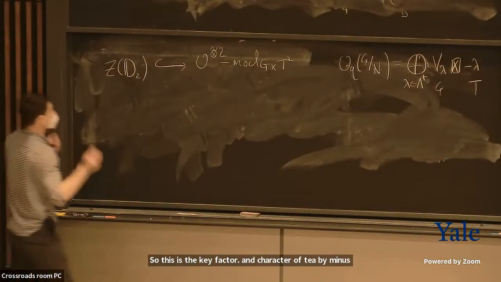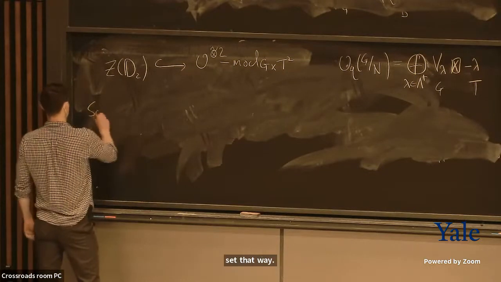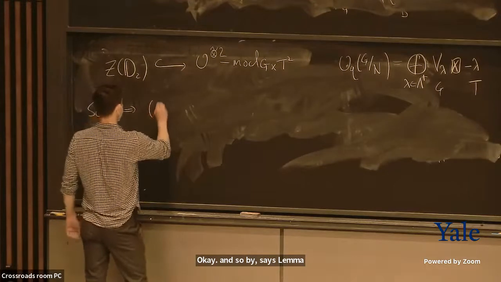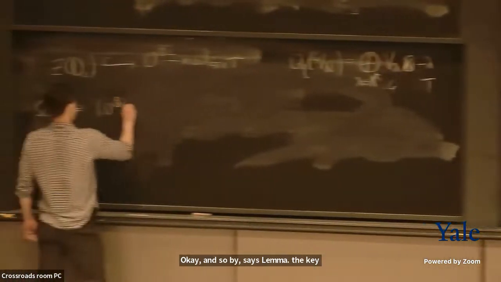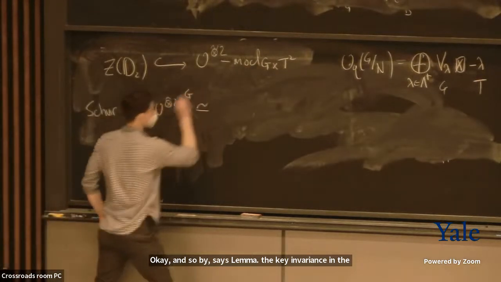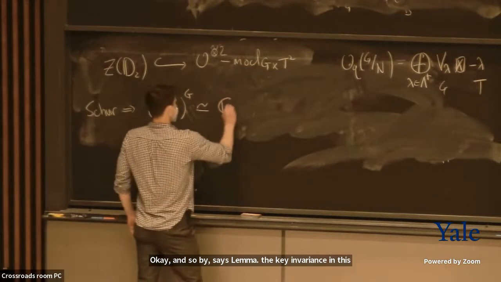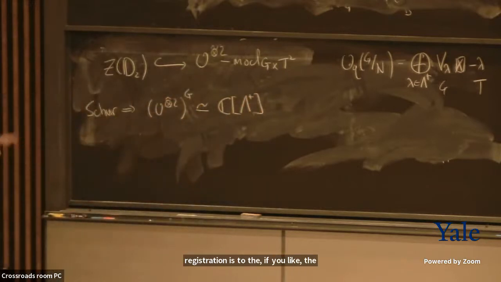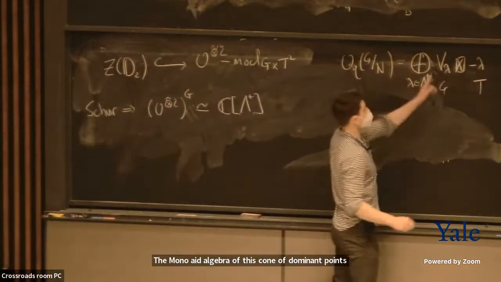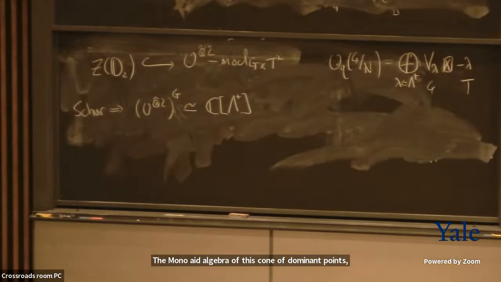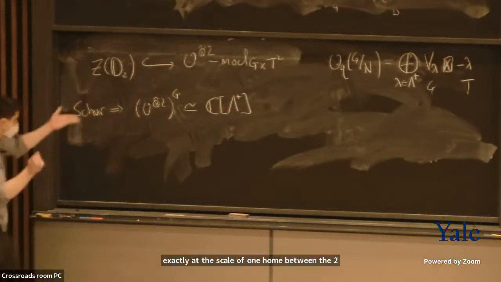And so by Schur's lemma, the G invariants in this braided tensor square is isomorphic to the monoid algebra of this cone of dominant weights, just because there is exactly, up to scale, one hom between the two: no homs if we have different weights, exactly one if we have the same.